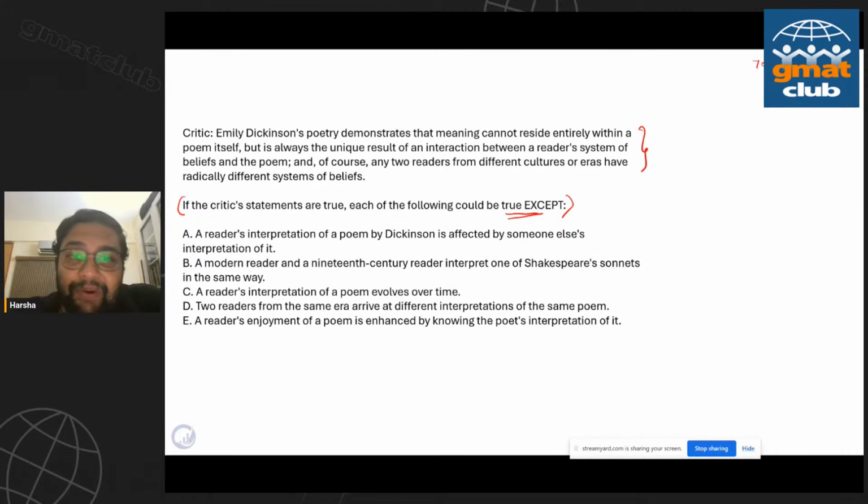Emily Dickinson's poetry demonstrates that meaning cannot reside entirely within a poem itself, but is always the unique result of an interaction between a reader's system of beliefs and the poem. Hold on, that's a lot. And again, it looks like a humanities topic in a CR question. But yeah, we get those.